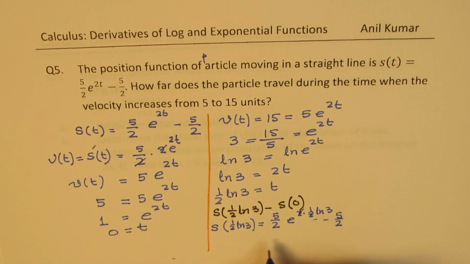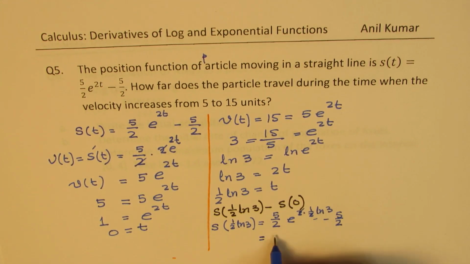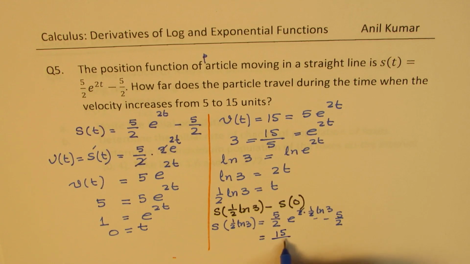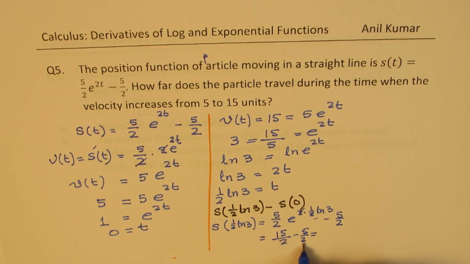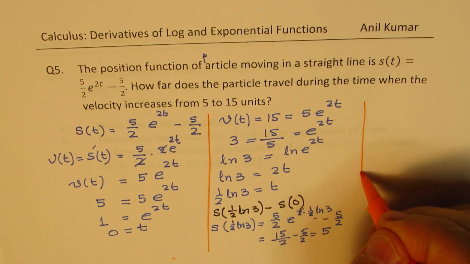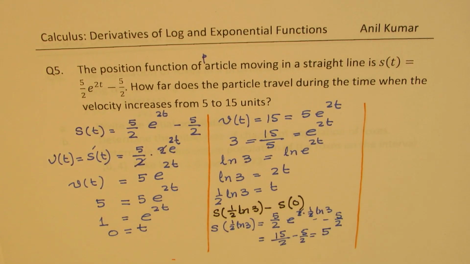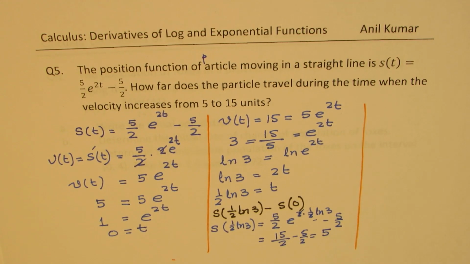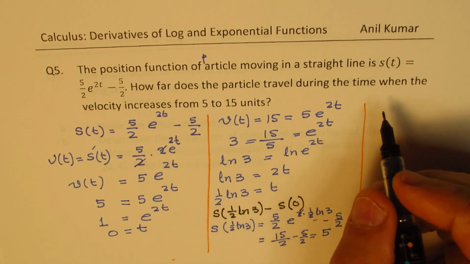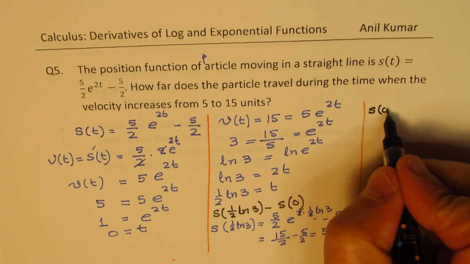So let's write down here. We get this as 15 over 2 minus 5 by 2, which is 10 over 2 or 5, correct? So we get 5 as the displacement when the value of t is half ln 3. Now let us also find the displacement when time is 0.